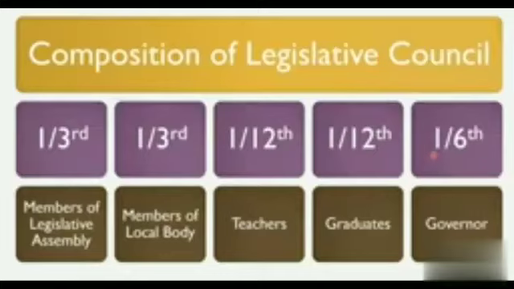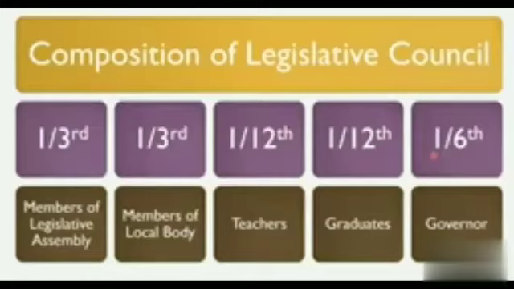Then the composition of the Legislative Council. One third is elected by members of the State Legislative Assembly. Another one third from local bodies such as municipalities and panchayats. One twelfth are elected by graduates of 3 years standing residing in the state.